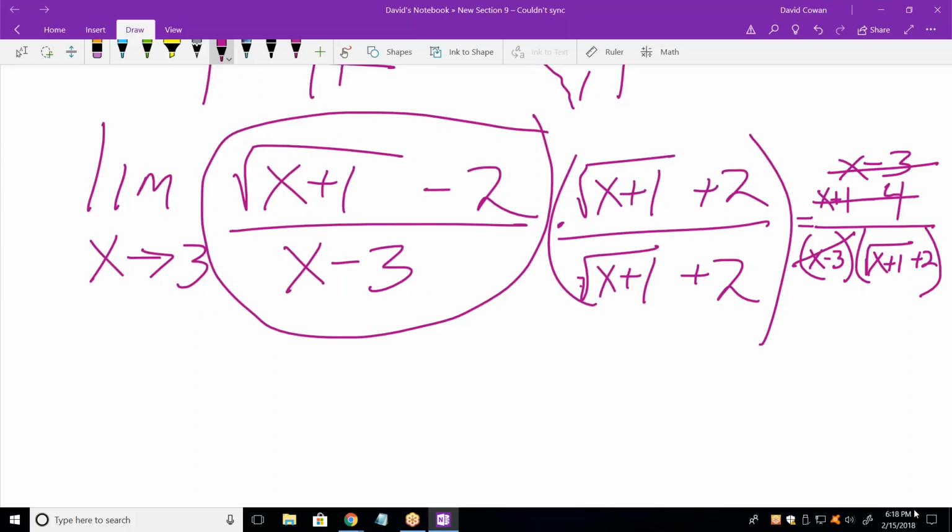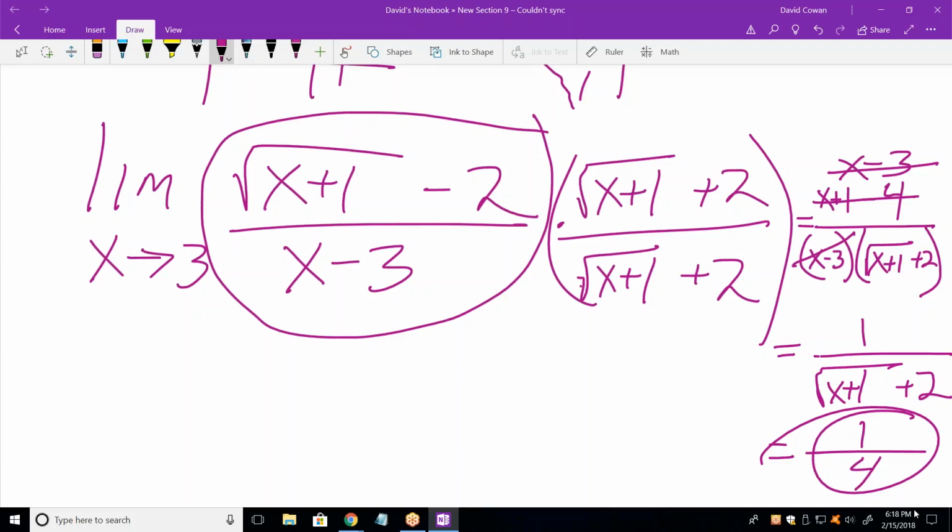And now I have 1 over the square root of x plus 1 plus 2. And now evaluate it as x goes to 3. What do you get? The square root, or 1 over 4? That's your answer.